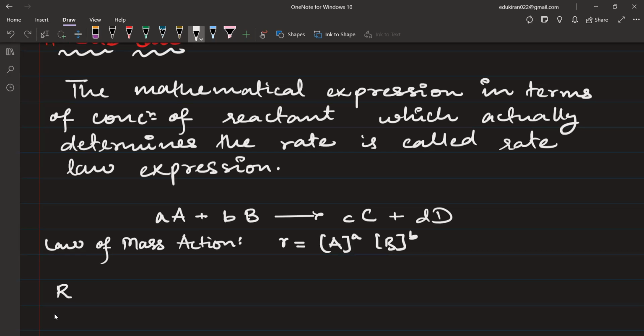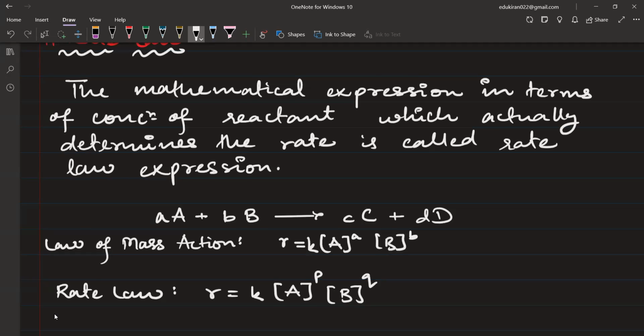But rate law says that you cannot say that it is going to be directly proportional to the stoichiometric coefficients of the reactants and the products. It says that rate will be equal to a rate constant times the concentration of A to the power, you can write p or q or m or n.